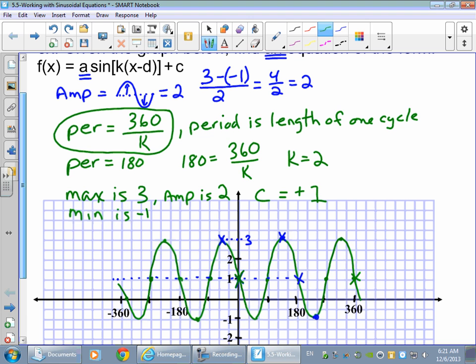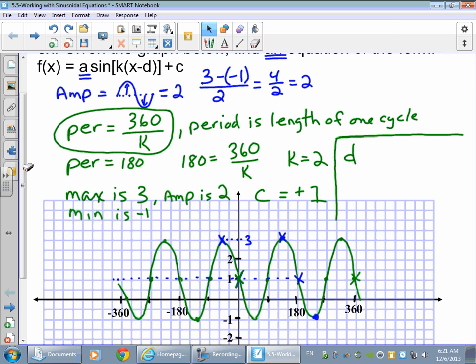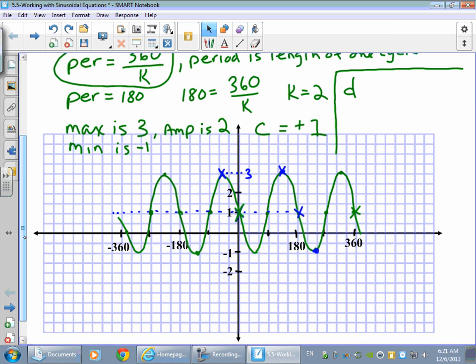And finally, I'm looking at the last part, part D, probably the toughest part. I don't know if I'm going to squeeze this in here or not. If I think about where my graph would have been in a typical sine curve, my graph would have started here and gone up and then back down and so on.